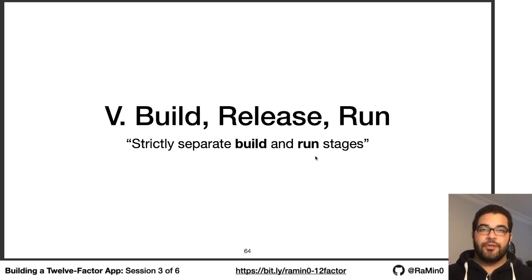So far, so good. So the next factor I'll be talking about is factor number 5, which is build, release, and run. And this makes use of having configuration environment variables to make our CI and CD pipelines run even faster.